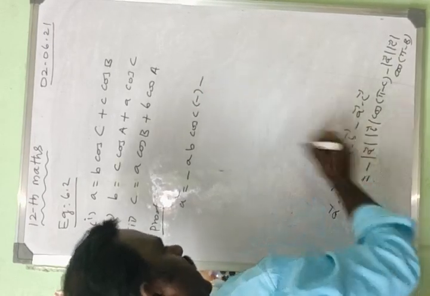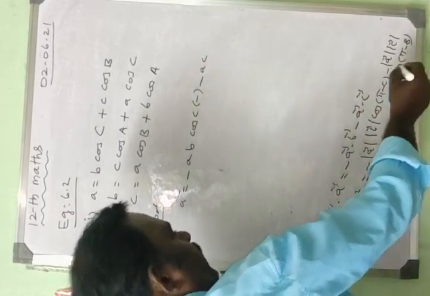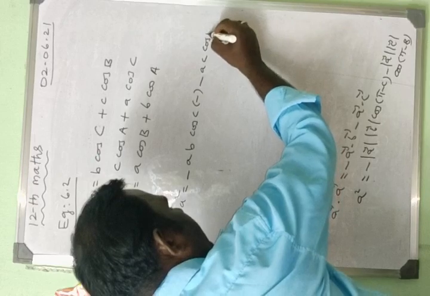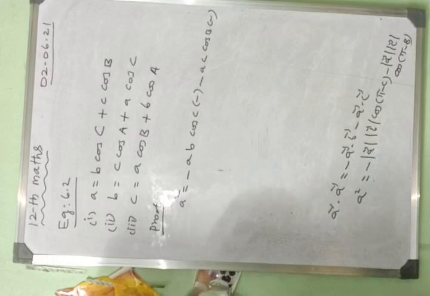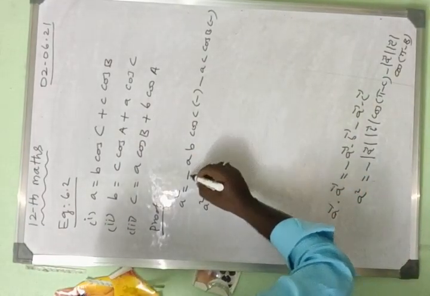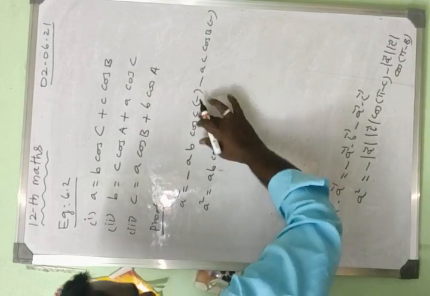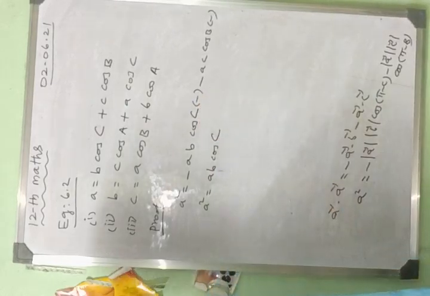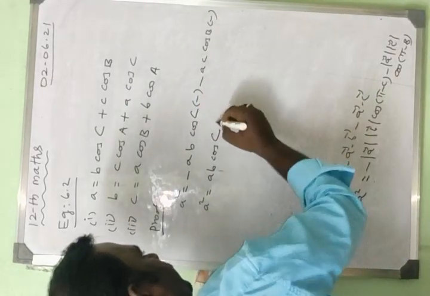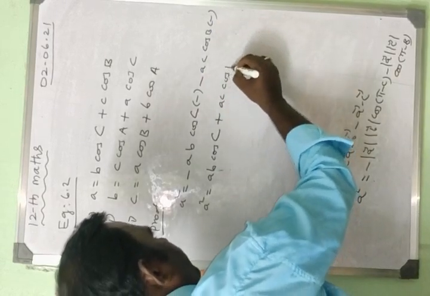Here also minus, mod vector a is a, mod vector c is c, cos of pi minus B gives minus cos B. So a square equals minus and minus gives plus: plus ab cos C, where capital C is the angle. Minus into minus plus, plus ac cos B.